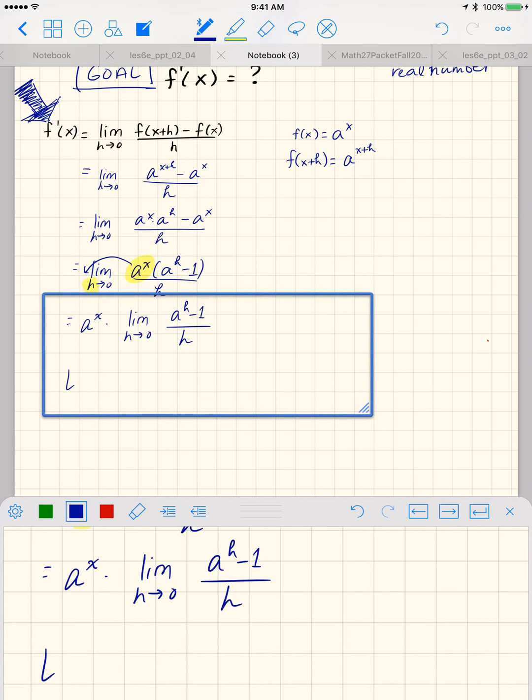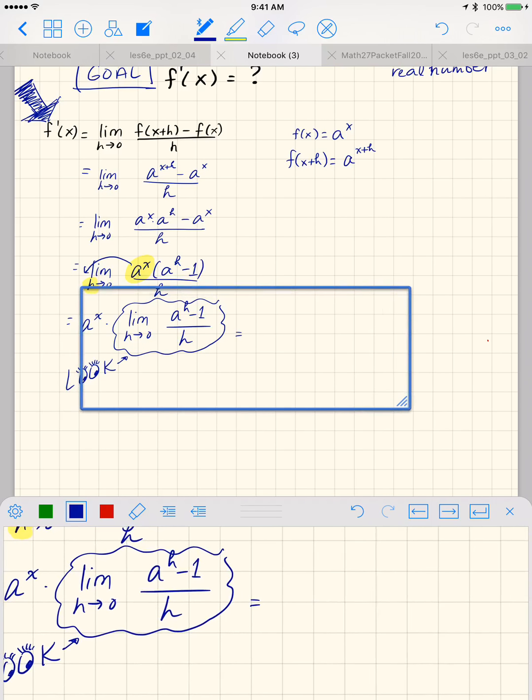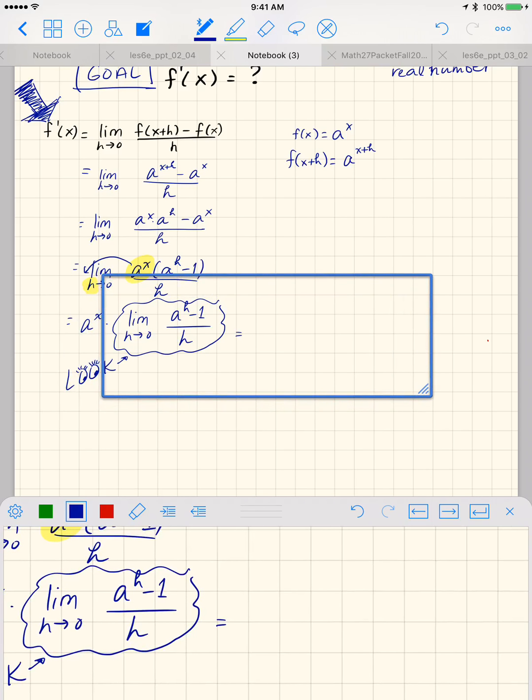But now wait, let's see here, look. Do you notice anything? Look right here. Do you notice that this limit is the same as f prime of 0?